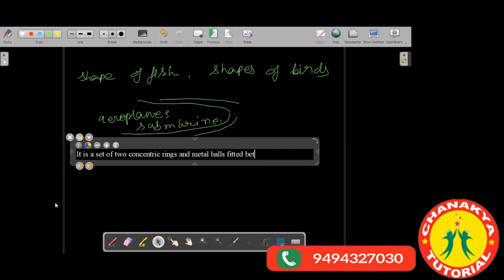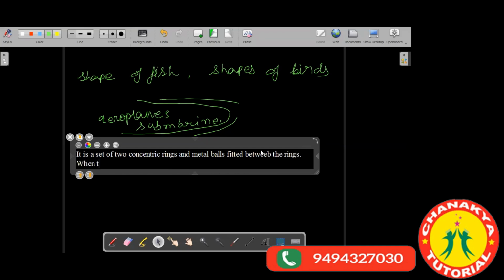So it is a set of concentric rings with metal balls fitted between the rings. And how does it work?